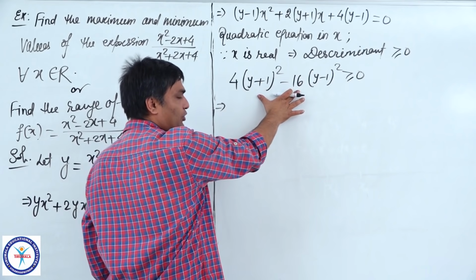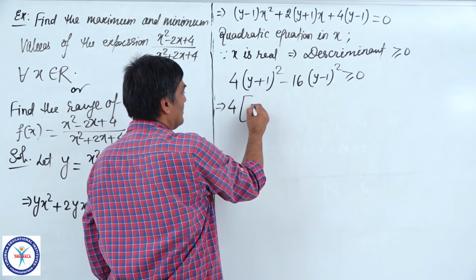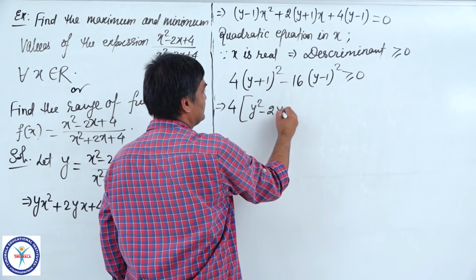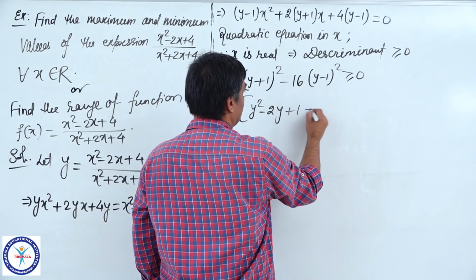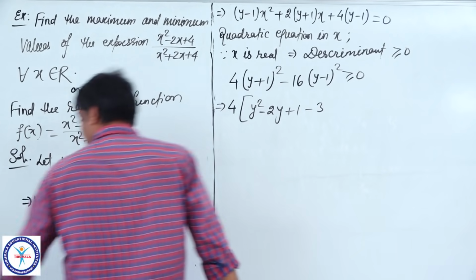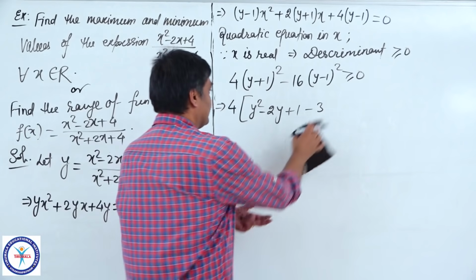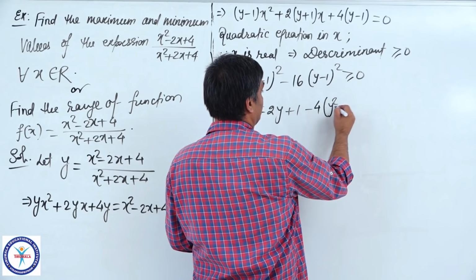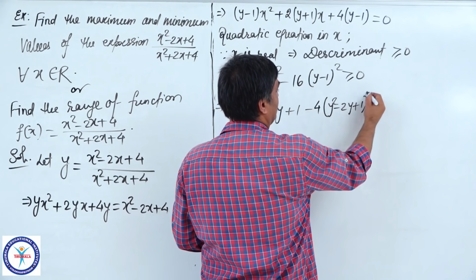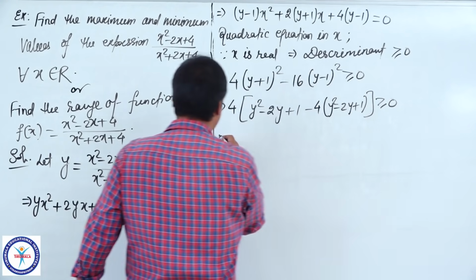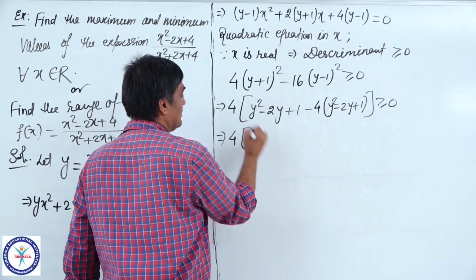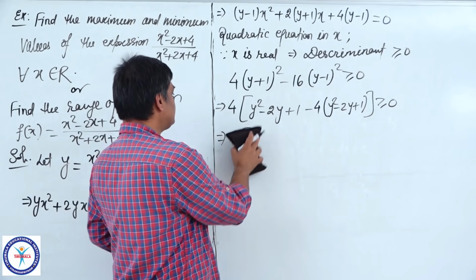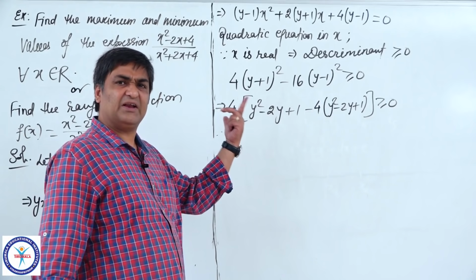We can take 4 common. Y square minus 2y plus 1 minus 3... y square minus 2y plus 1. Even if we do not write 4, then it is okay.